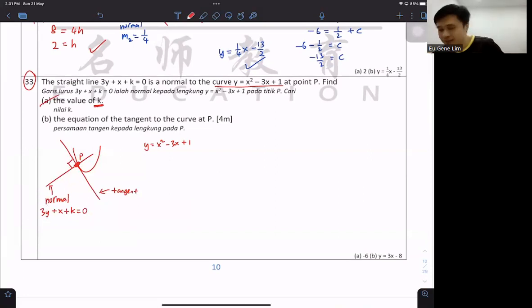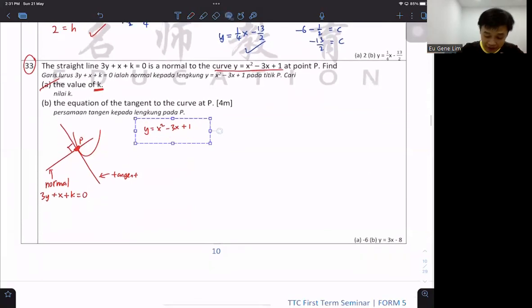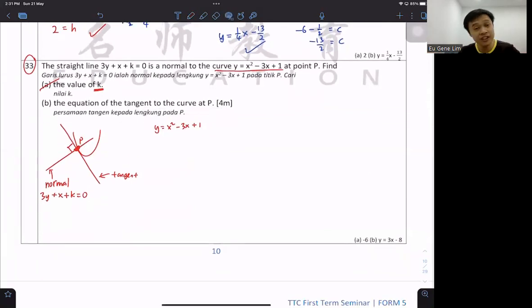So what should you do first? How to find k? I have no idea how to find k, but never mind. Because you know, this is a differentiation question, right? Differentiate first. How do you know this is a differentiation question?